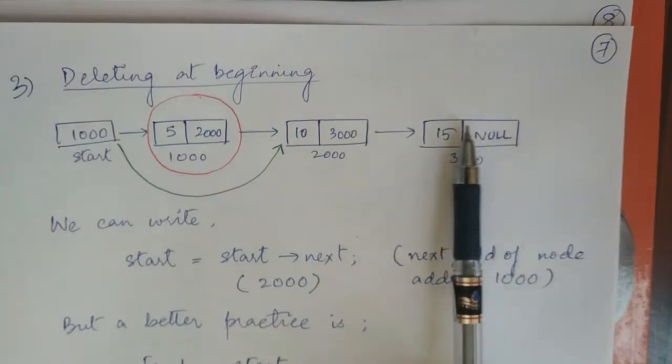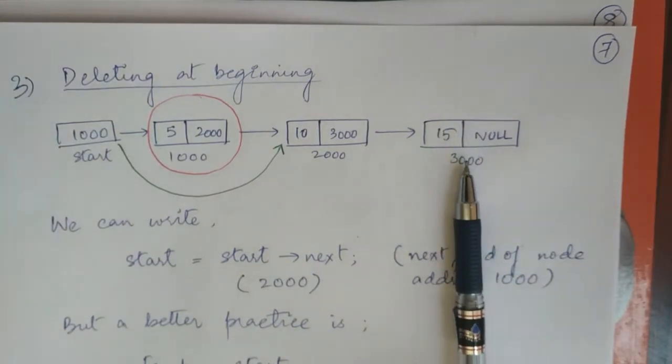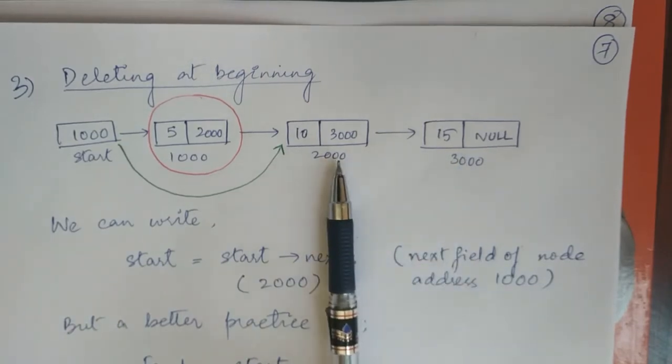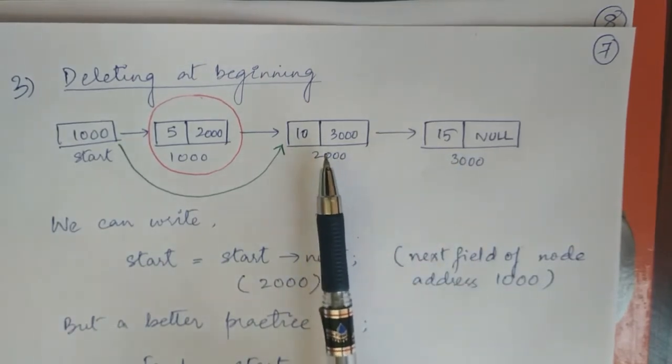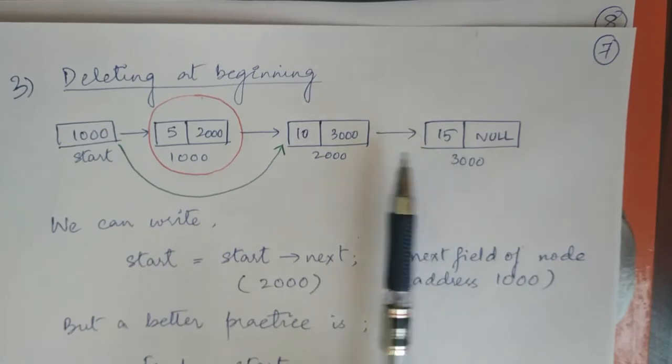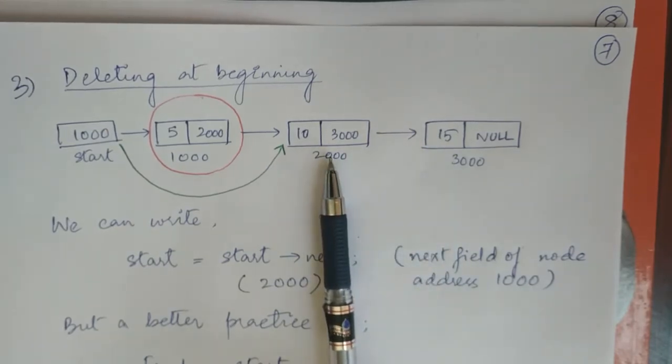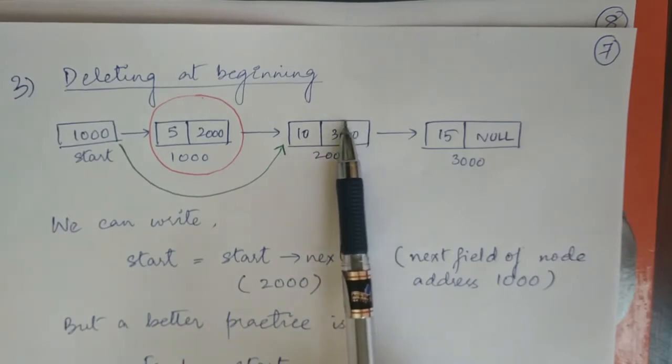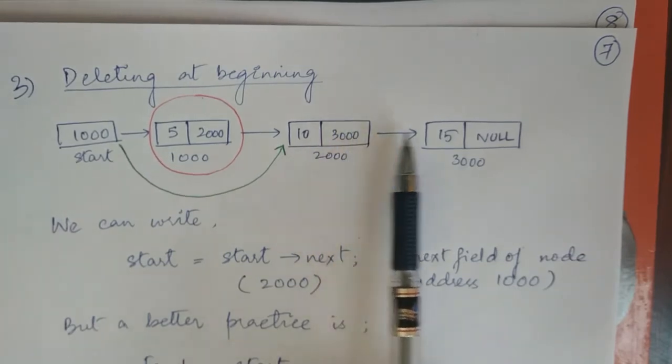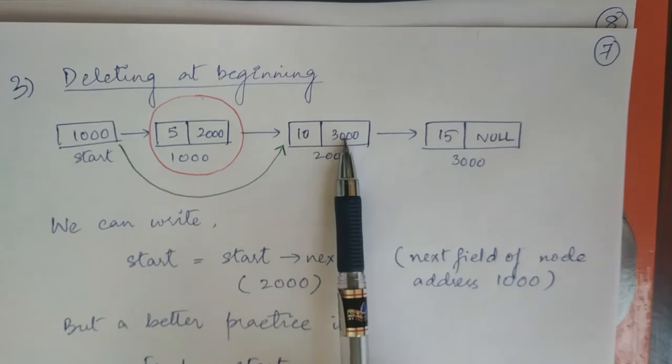So we don't point here when we are deleting 15. We should be here. Why should we be here? Because after 15 is deleted, this is going to be your last node. And for this last node, we have to update this 3000 to null, because if we are deleting this, there is nothing after this node.